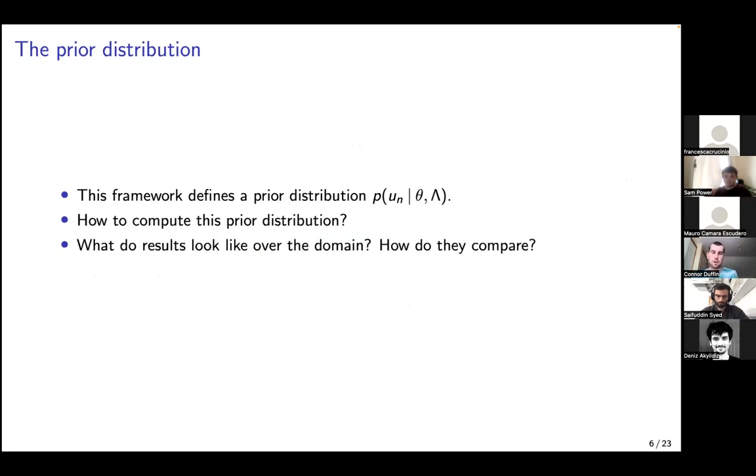So this framework then defines a prior distribution, which is conditioned on the parameters theta of the forcing and also on a set of PDE coefficients lambda. An important thing to note is that we're explicitly conditioning on a set of PDE coefficients, and we're not, as I said in the initial slides, trying to do some sort of inverse problem.